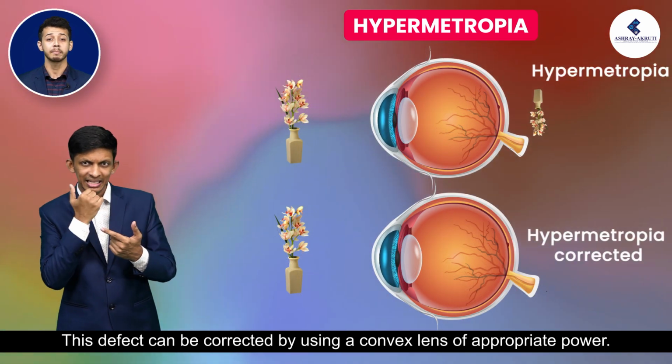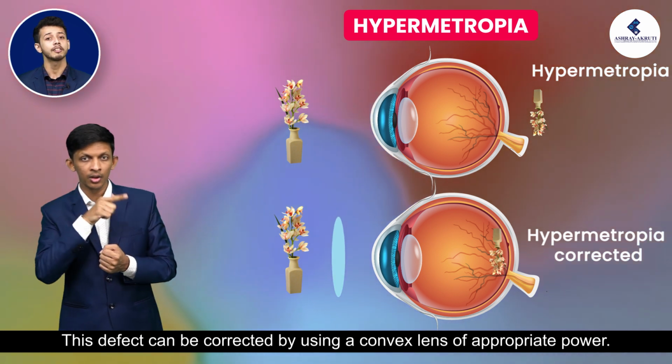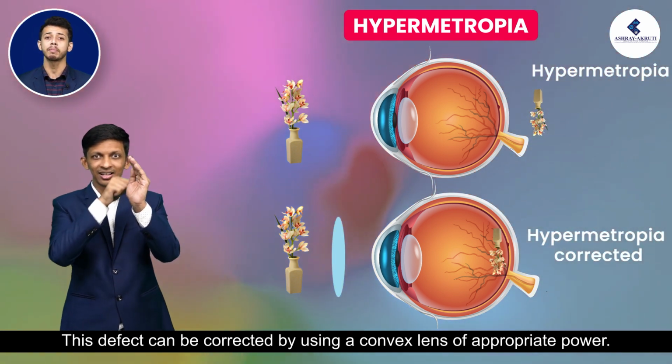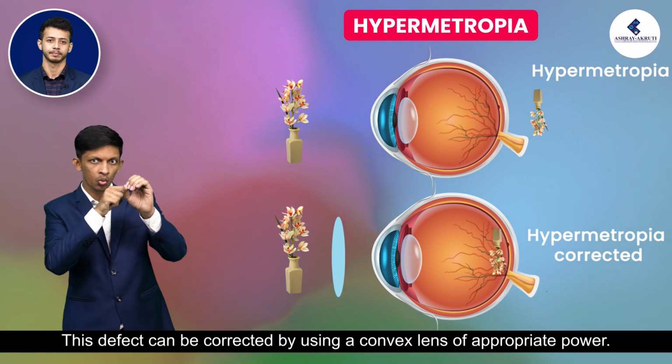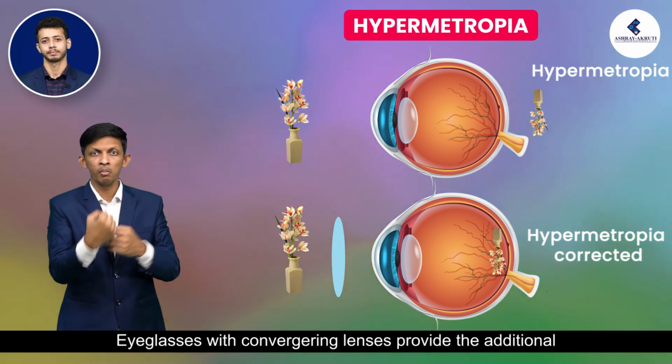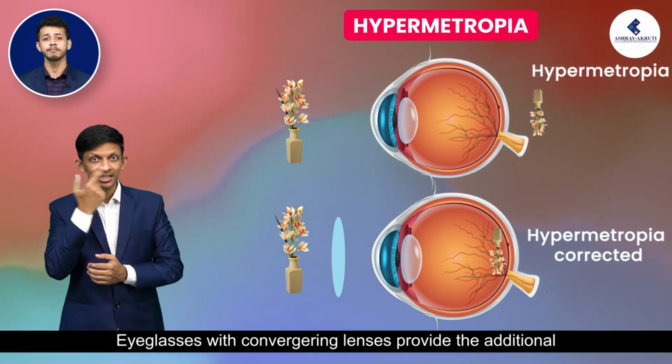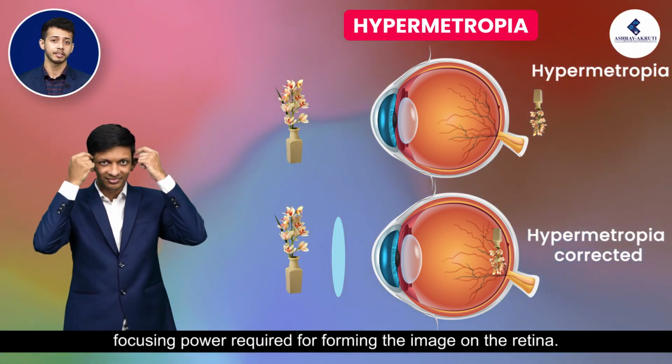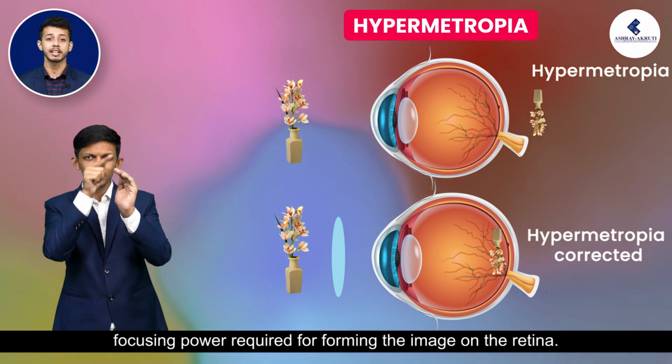This defect can be corrected by using a convex lens of appropriate power. Eyeglasses with converging lenses provide the additional focusing power required for forming the image on the retina.